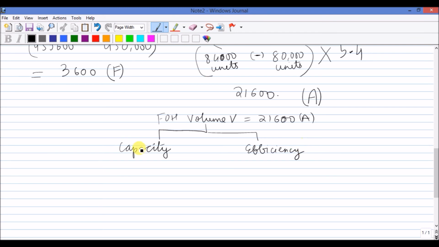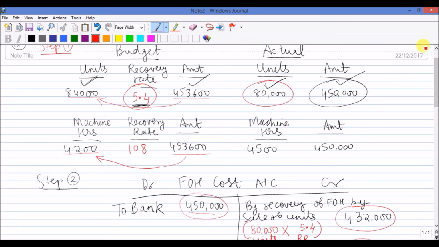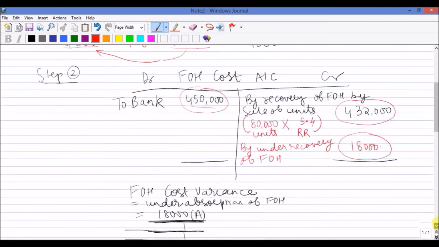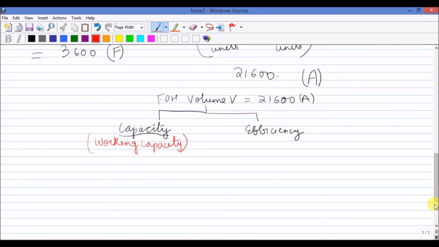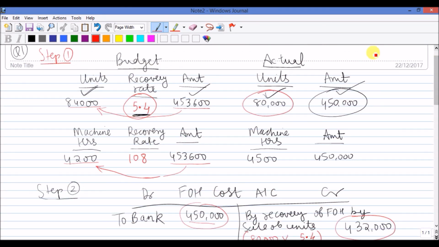Okay, now concentrate only on capacity. We are talking about working capacity. Higher the working capacity, better it is. So friends, capacity is always in hours and efficiency is always in hours. Remember it.